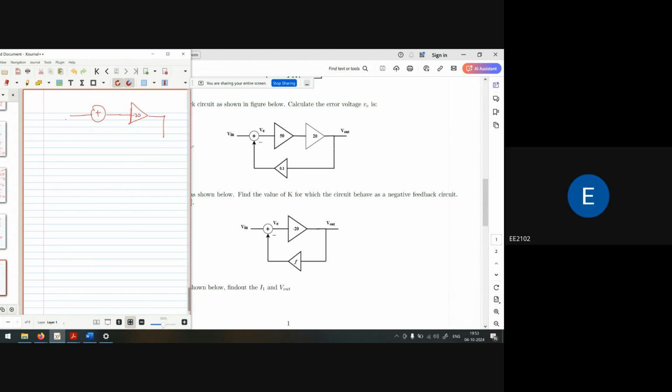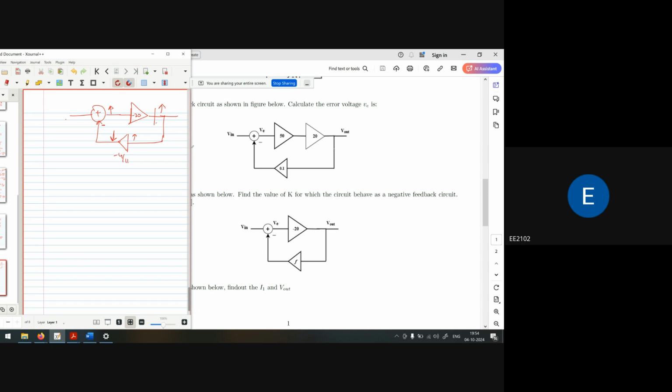Minus 20. If I break the loop and increase the voltage, it will be going downward, upward, downward. Again it is minus, so it becomes upward.